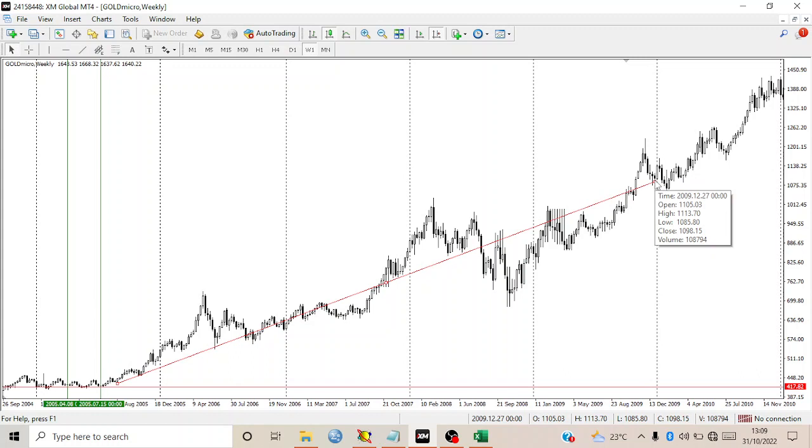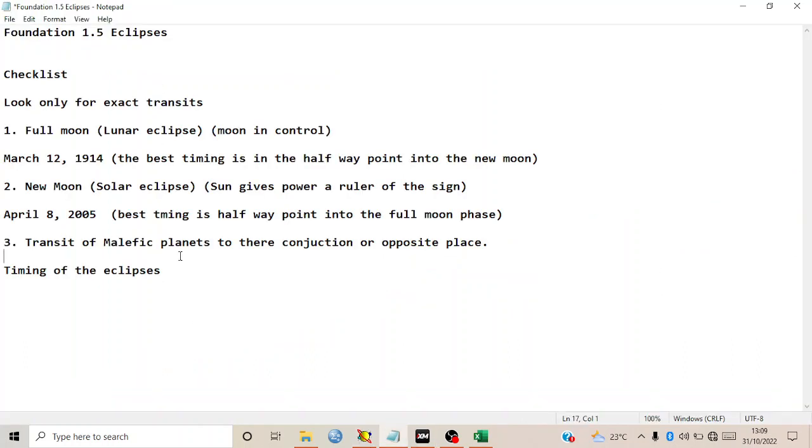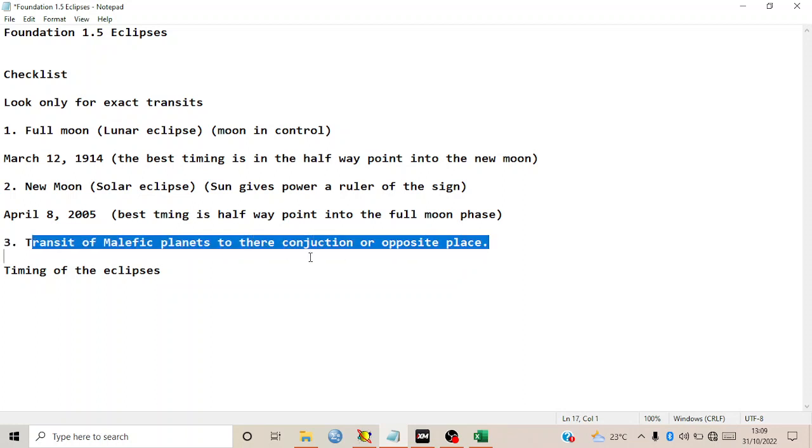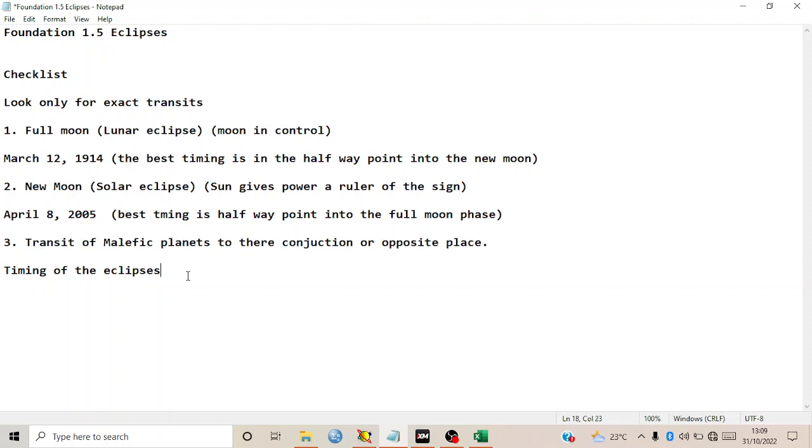So having mentioned that, always remember that the timings, or when the effects of the eclipses happen, is only when the transit of the malefic planets Saturn or Mars transits either the opposite position of that eclipse transit, or conjunction with that eclipse transit. That's the time when the new moon starts, and then it's likely to last for the next 4 years.